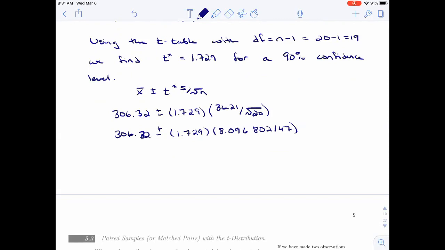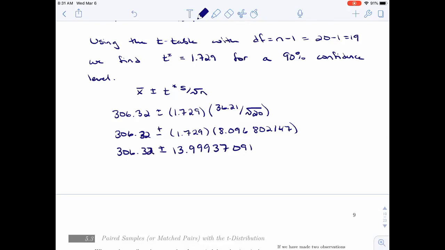You can skip straight from plugging in your values to just calculating the margin of error if you want. That's fine. I'm just showing it so that you can check your work. But then times that by 1.729, I get plus minus 13.9993791.